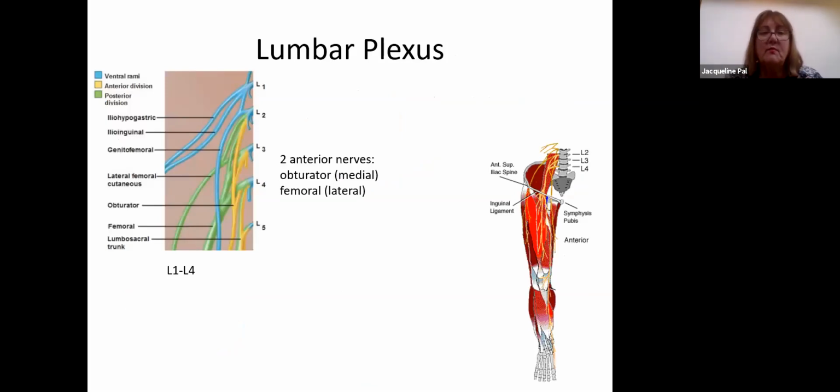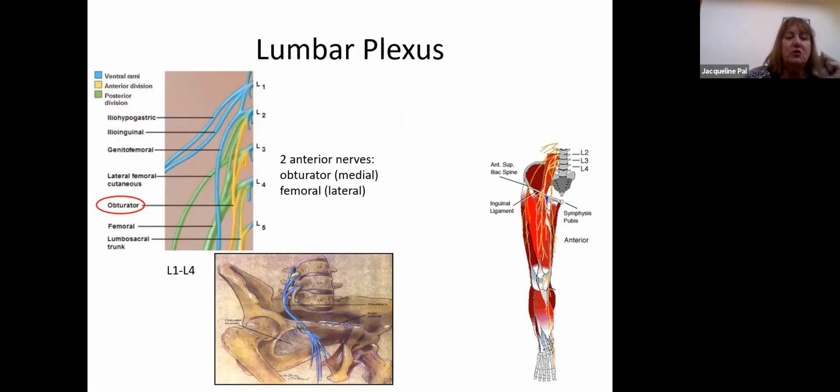Moving on to the lumbar plexus now. So this is L1 through L4, okay? And what happens in this area is we are going to have two nerves. What I need you to remember is the lumbar plexus nerves come out on the anterior aspect of the thigh.